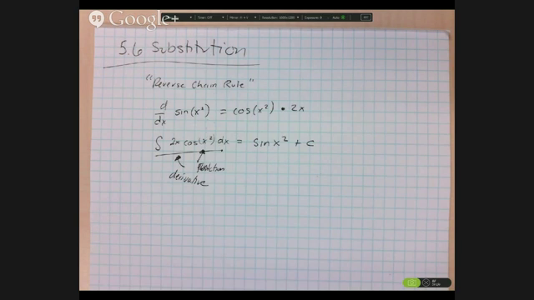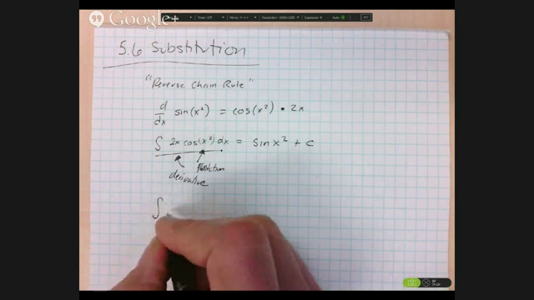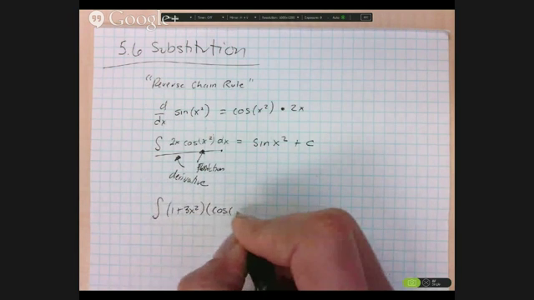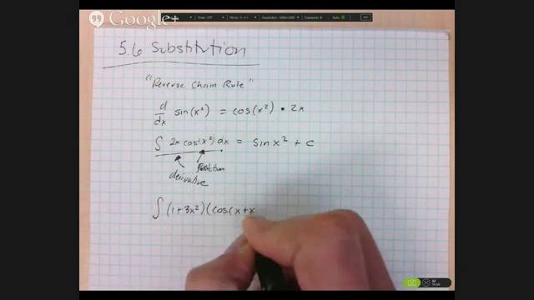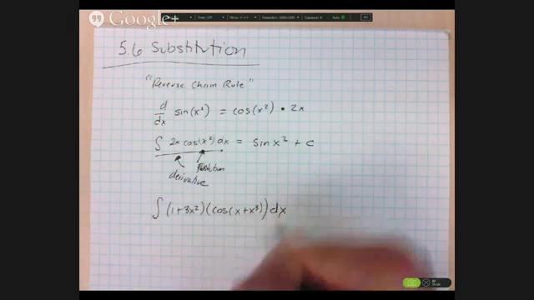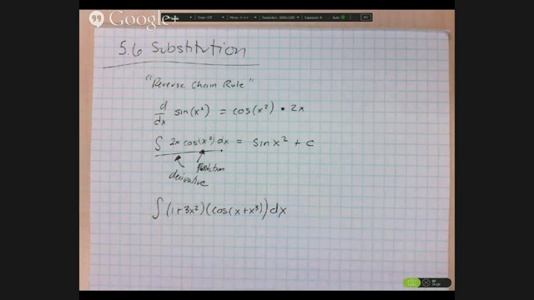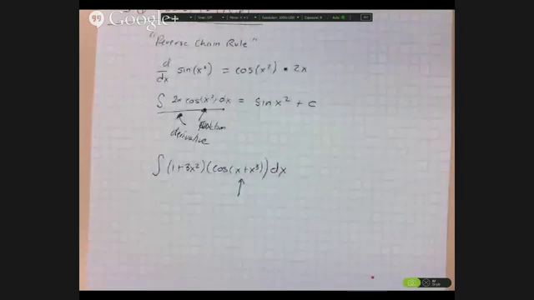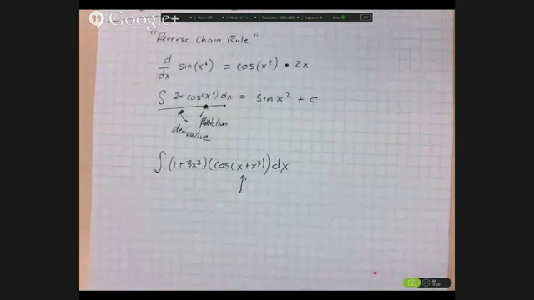So tell me, is this possible? What's the derivative of this function?